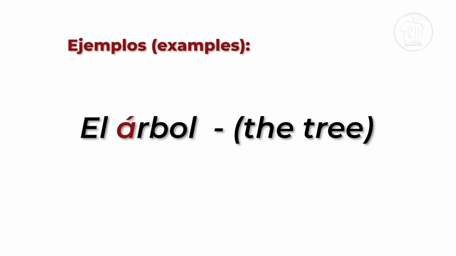Árbol, which means tree. Now, this word has an accented vowel. As you could see, the accented vowel is A. We say árbol. That is why we use the definite article el to say the tree: el árbol.